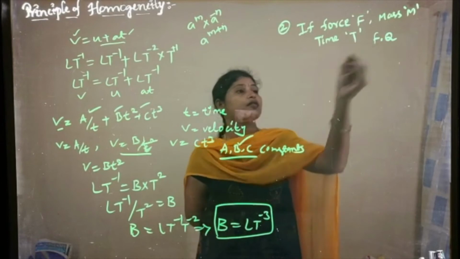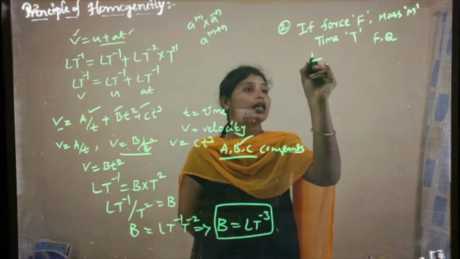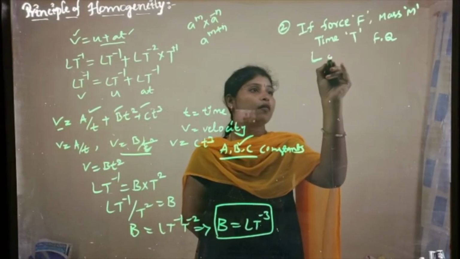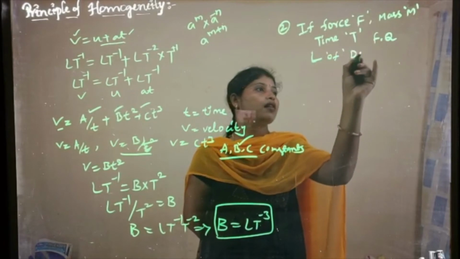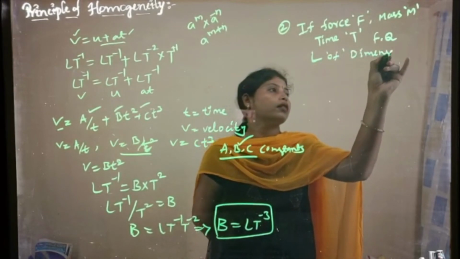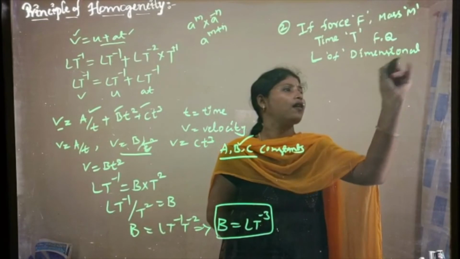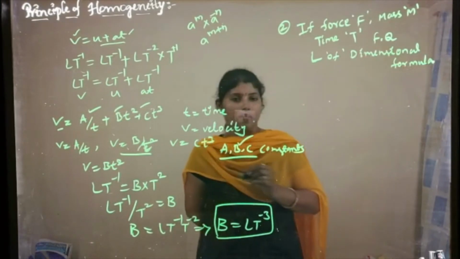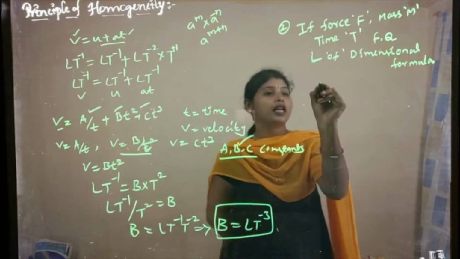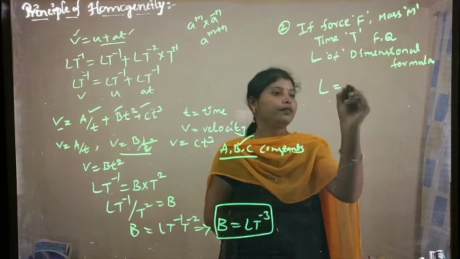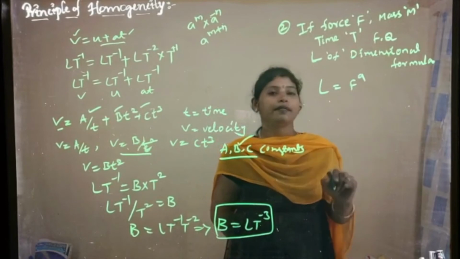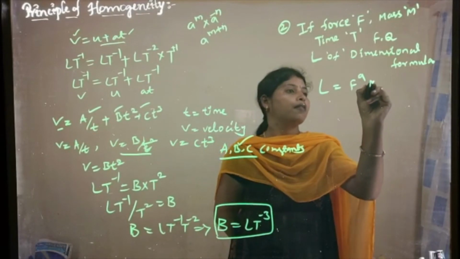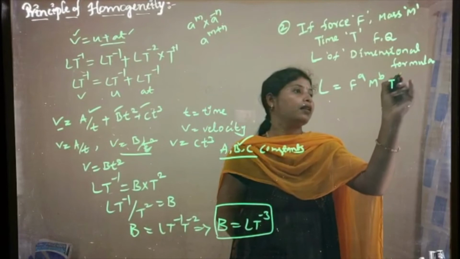Next, we have to find the dimensional formula of length. We consider L equals F power a, M power b, and T power c. Why? Because L represents length, and we have to find its dimensional formula in the form of F, M and T. F has some dimensional formula, mass has dimensions, and time also has dimensions. So L equals the dimensional formula of F, which is M, L power 1, T power minus 2, all to the power a, then M power b and T power c.